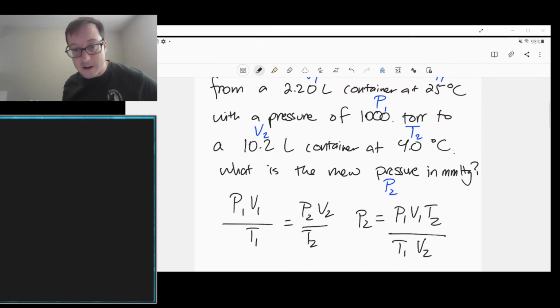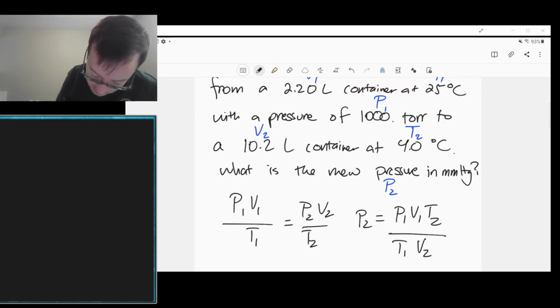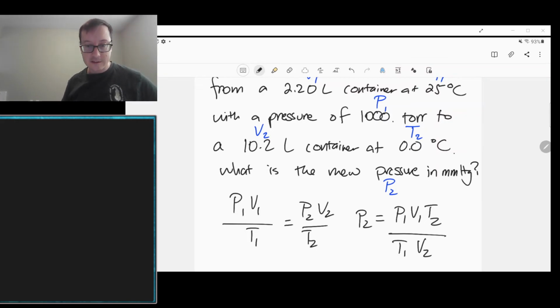The only thing that you must be sure to change is Celsius. You can never, ever, ever use Celsius. Here's why. I'm going to change the question. We'll put it at 0 Celsius.